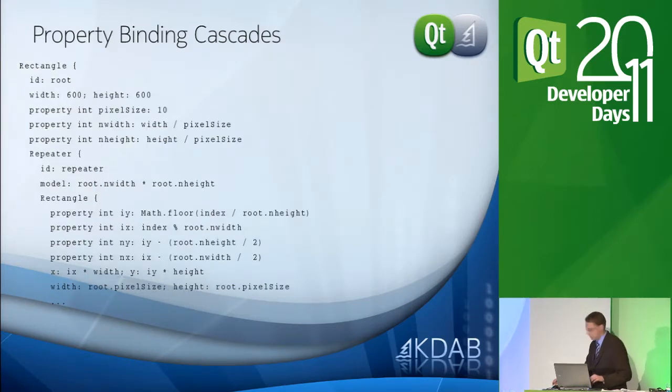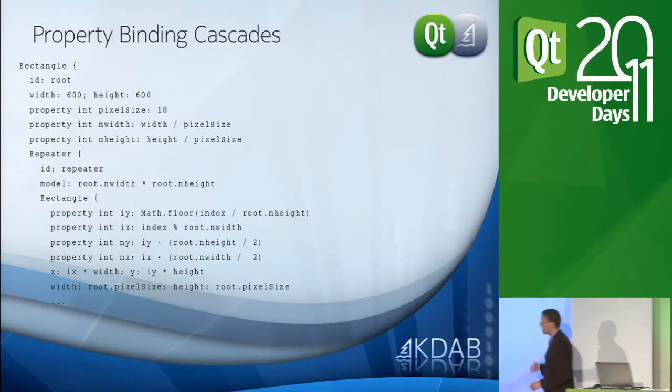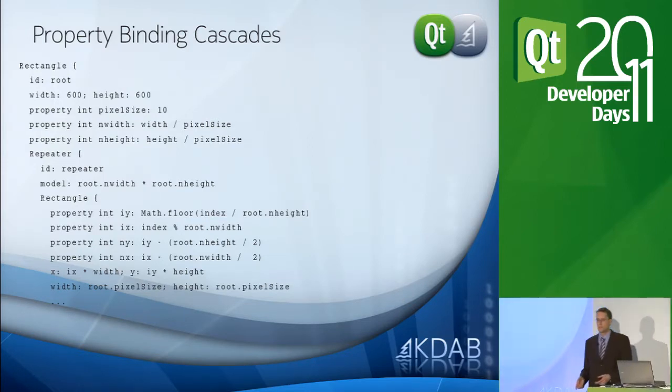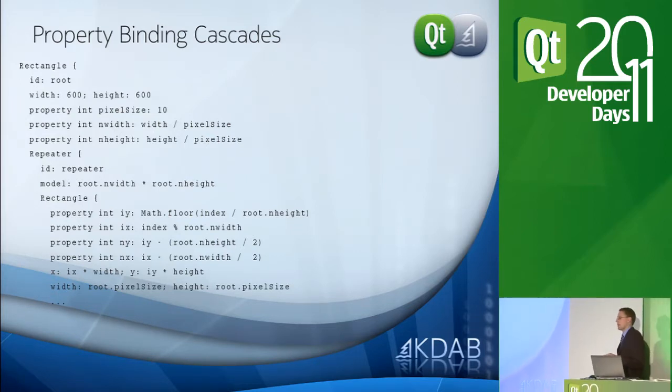Okay, here we have the slightly improved version. First thing we do is we get rid of the nested repeaters. So we eliminate these very, very expensive cascades of property updates. So we limit the depth of the update as far as possible.